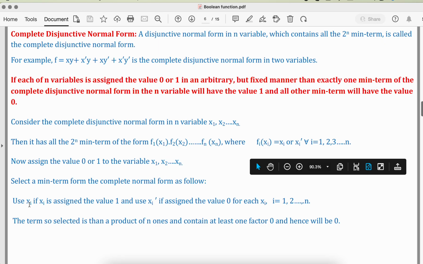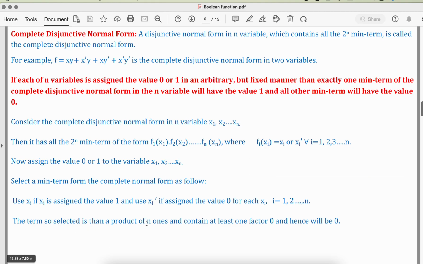Use xi if xi is assigned the value 1, and use xi dash, means complement of xi, if it is assigned the value 0 for each i equal to 1 to n. Then the term so selected is the product of n ones, and for all other minterms it contains at least one factor 0. If one factor is 0, then the product will be 0, hence it will be 0.